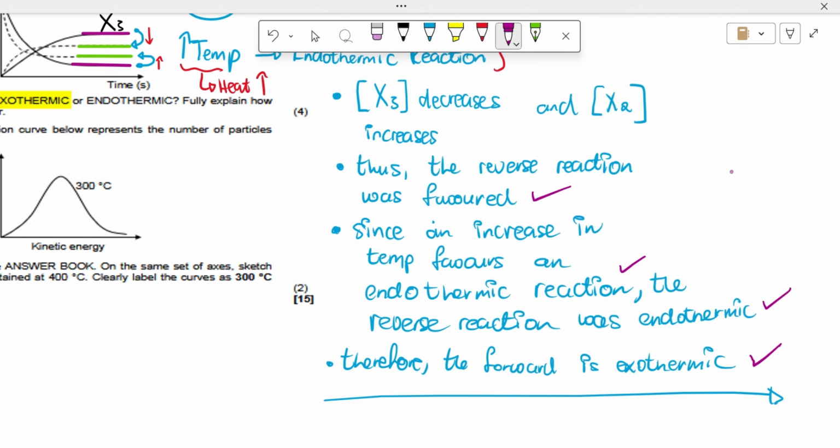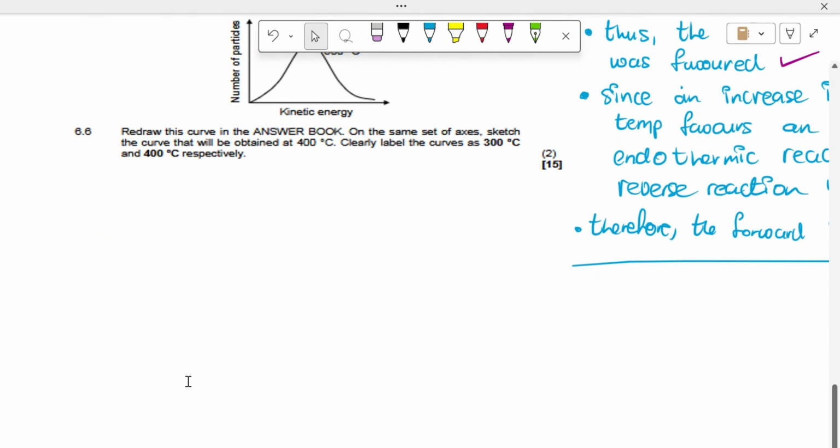This means that the reverse reaction is favored, because X2 is a product and X3 is the reactant. Since the increase in temperature favors an endothermic reaction, the reverse reaction was endothermic. So if the reverse is endothermic, automatically the forward reaction is exothermic. Simple as that.